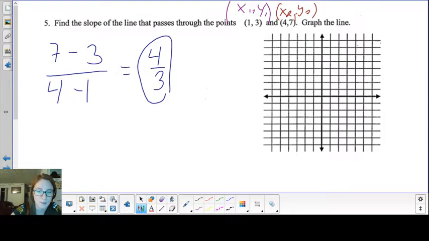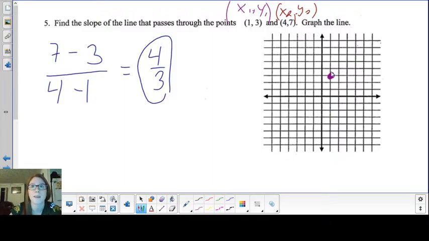So what that's saying is I should be able to graph a point at 1, 3. And if I go up 4 and go to the right 3, I should be at my next point.